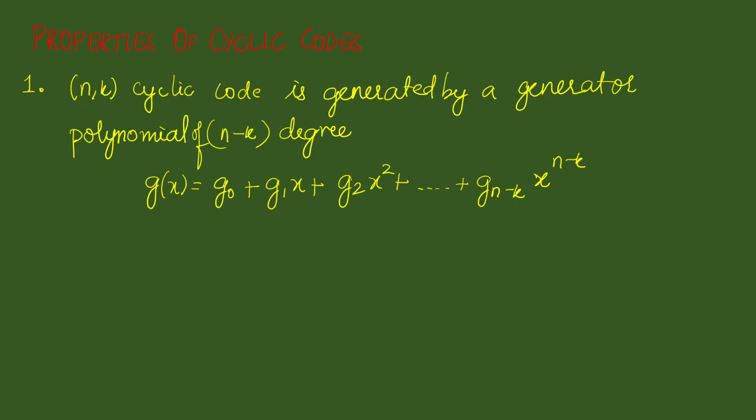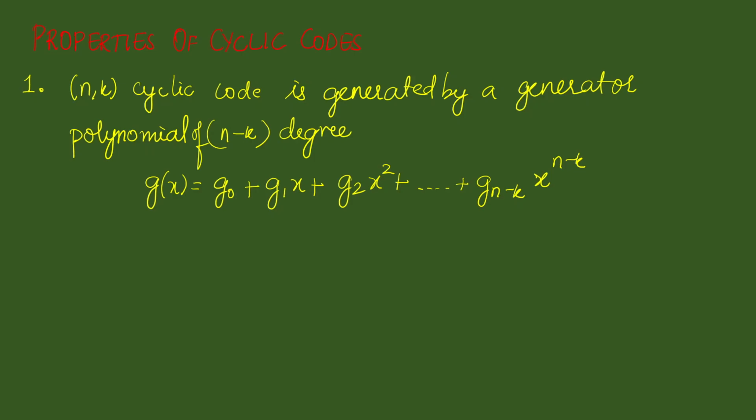The generator polynomial is also called an irreducible polynomial. We'll come to why it is called an irreducible polynomial. Or it is also known as a primitive polynomial.